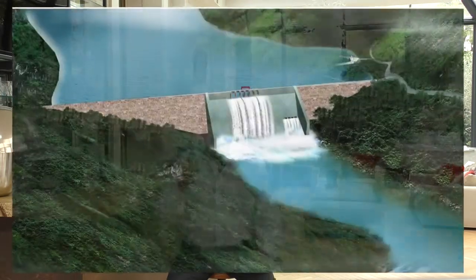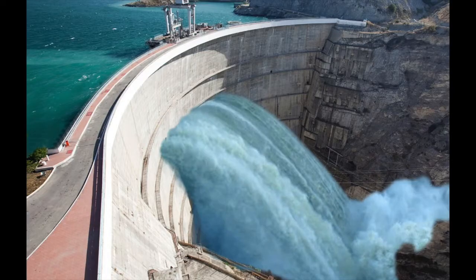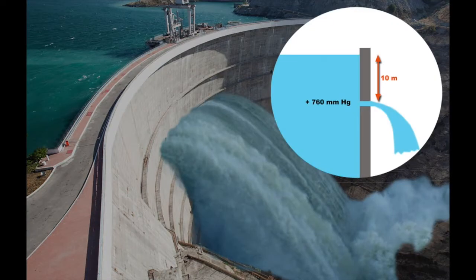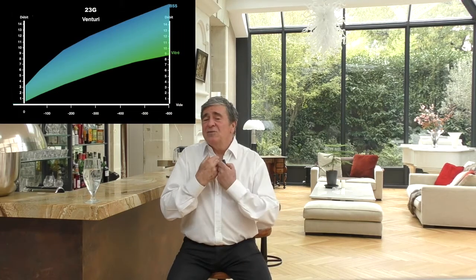It's like a dam that lets less water through than the flow of the river. If we measure the pressure exerted by the water at the outlet gate, the pressure is very positive. It is the same here. And that's why this work is not possible with a venturi pump, because by definition, a venturi pump can only exert a depression lower than atmospheric pressure.